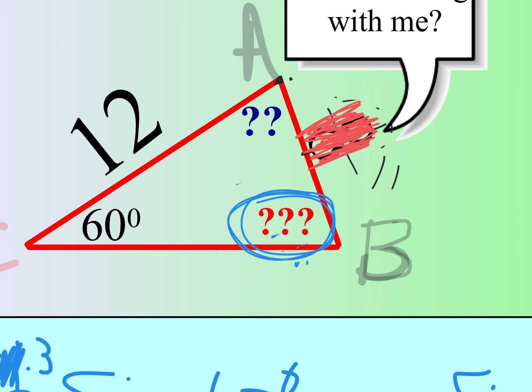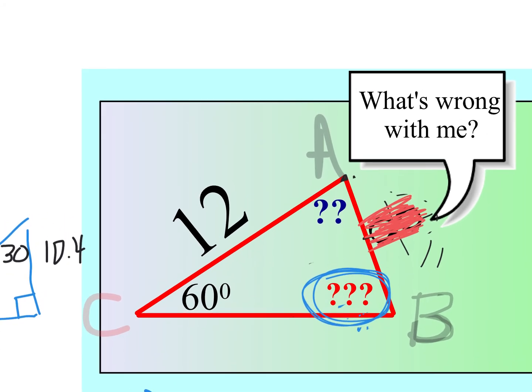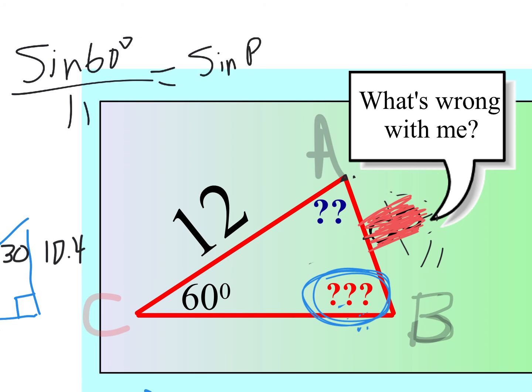All right, Tadros, what did you get for that angle? Not fully done yet. Okay. Give me more time. I'm going to do sine of 60 over 11 is equal to sine of B over 12.